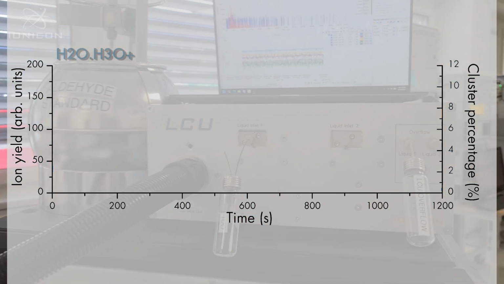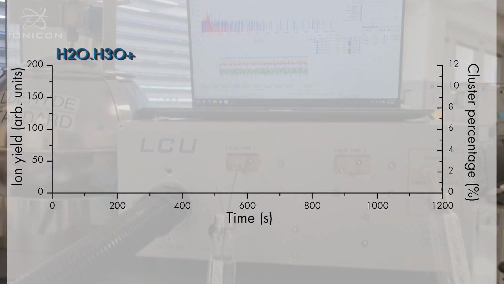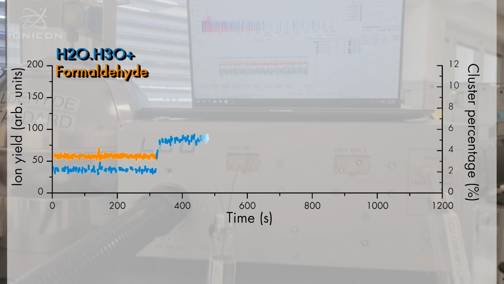First, we look at the H2O-H3O+ cluster signal, which we use here as an indicator of humidity in the drift region, which increases as we raise the relative humidity correspondingly. At a first humidity level, we detect a certain ion yield for formaldehyde. Then we increase the humidity, and accordingly the cluster signal rises.